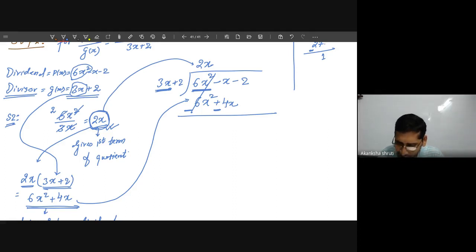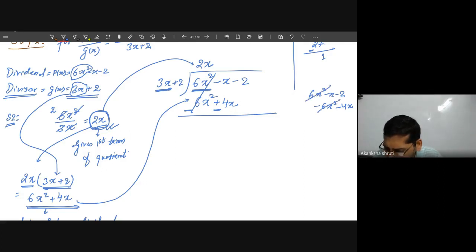This has to be subtracted from the above one. You can understand it like this. This is our 6x square minus x minus 2, and this is going to be subtracted by minus 6x square minus 4x. This is now the single expression that we have to calculate. So what will happen? Minus 5x, yes, it is minus 5x.